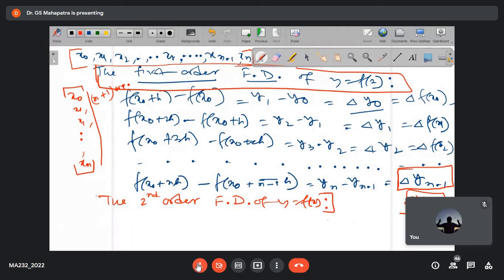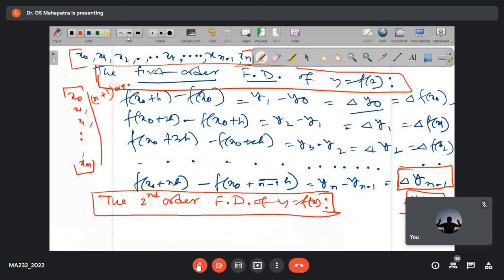The differences of first order differences are called the second order forward differences.